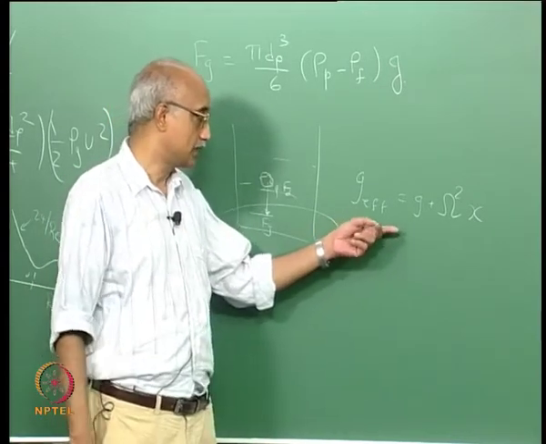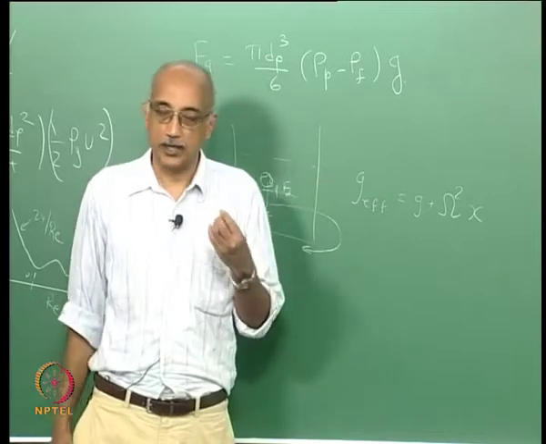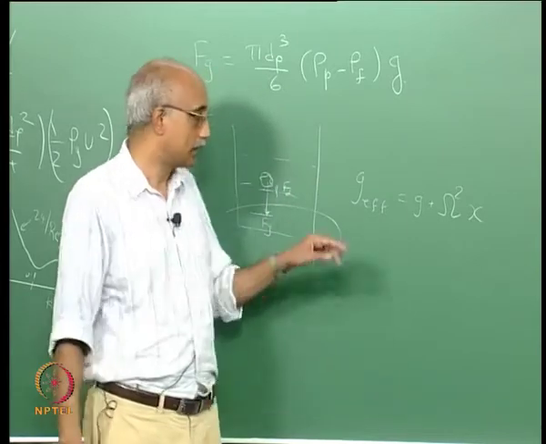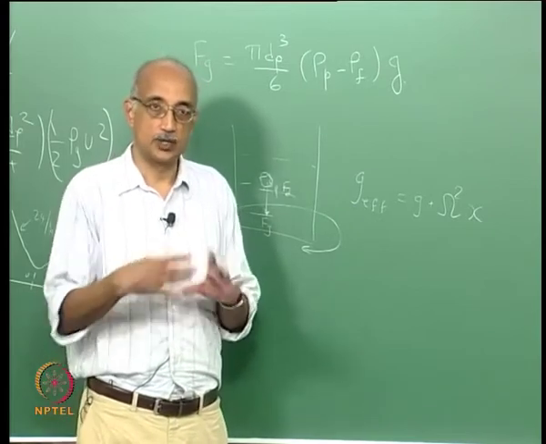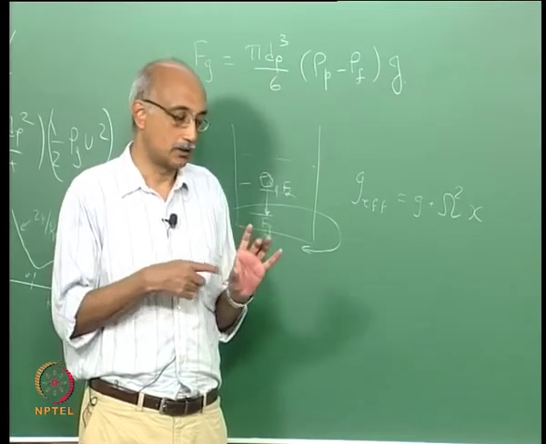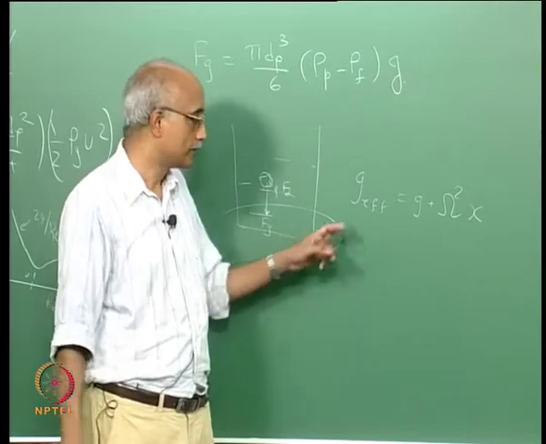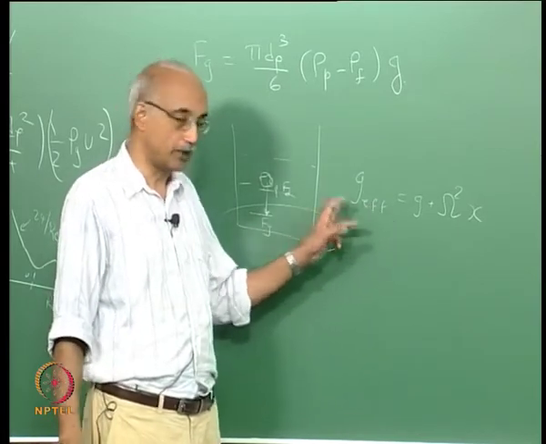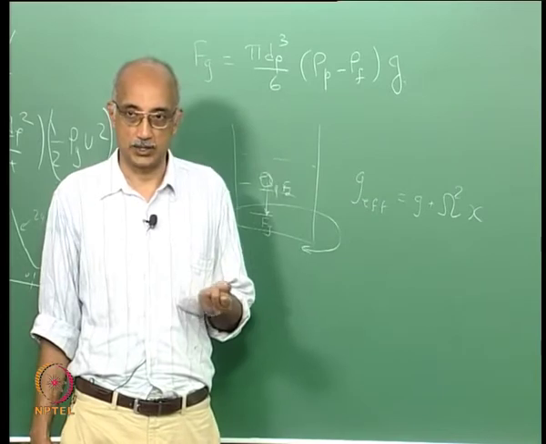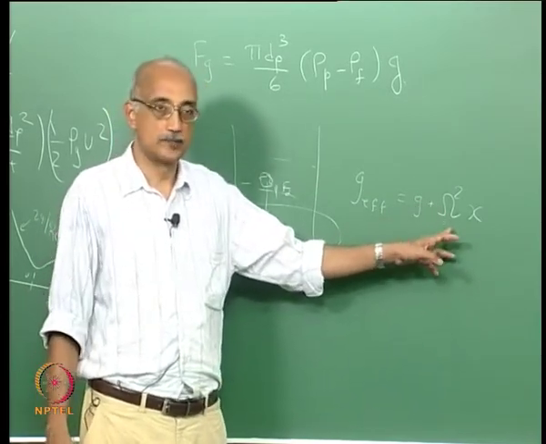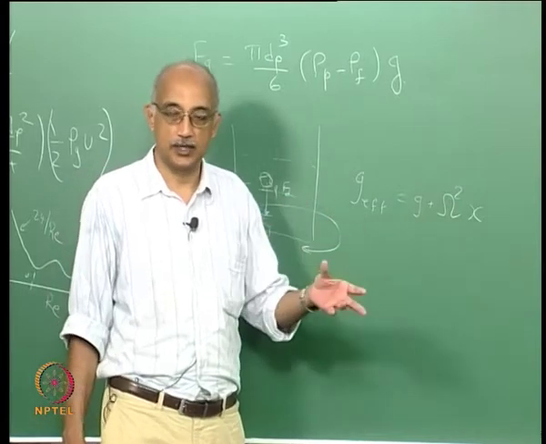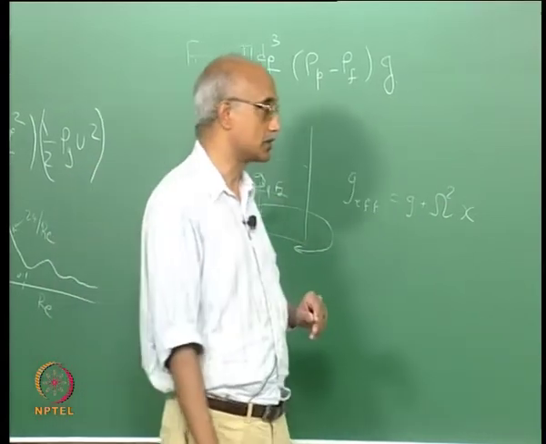So, again in this case, if you want to find out the settling velocity under centrifugal conditions, where the centrifugal field is acting in concert with the gravitational field, you have to substitute for the effective acceleration term, a term that includes gravitational pull plus the pull due to the centrifugal field that you have superimposed on top of the gravitational field.